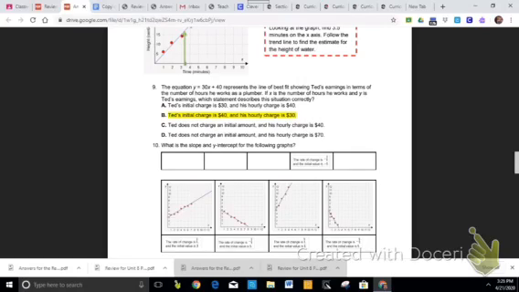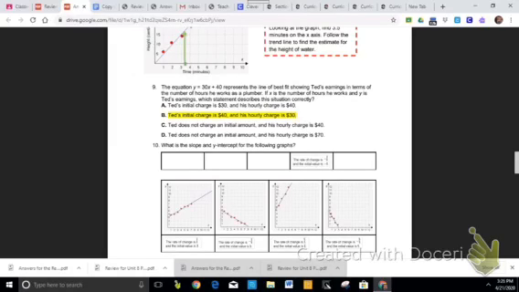Okay, number 9. The equation y equals 30x plus 40 represents the line of best fit, showing Ted's earnings in terms of the number of hours he works as a plumber. If x is the number of hours he works and y is Ted's earnings, which statement describes this situation correctly?